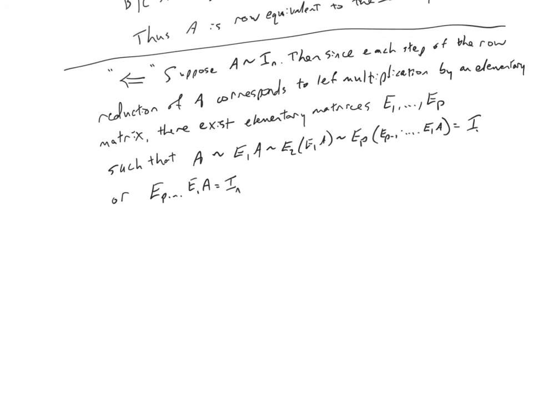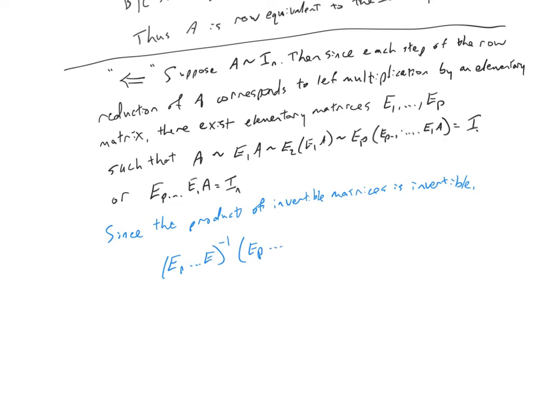Since the product of invertible matrices is invertible, is the next thing I'm going to write. Since the product of invertible matrices is itself invertible, then we can say that Ep through E1 inverse, right, the inverse of that product, times Ep through E1 times A is equal to Ep through E1 times the identity.